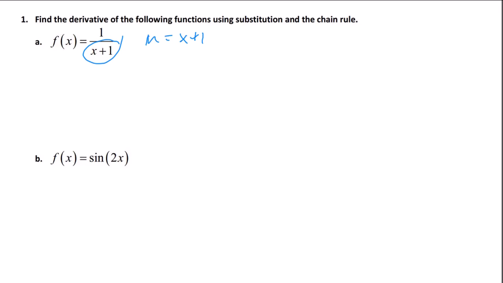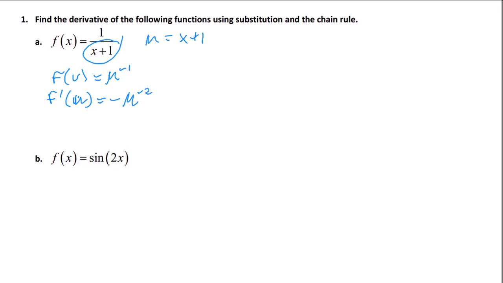Now then, what have I got here? I've got f of u, okay, go ahead and laugh, and equals the negative 1 power. So then f prime of u equals what? Negative 1 times u to the negative 2.